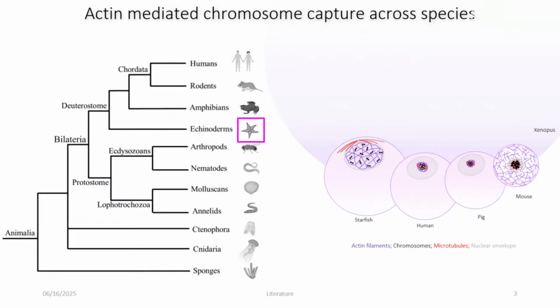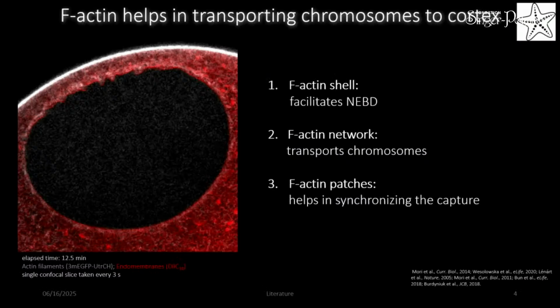Okay, perfect. So the importance of actin has been highlighted in few species across evolution. For example, in our lab previously in starfish, it has been nicely shown that in oocyte starfish meiosis, there have been 3 different actin structures found.